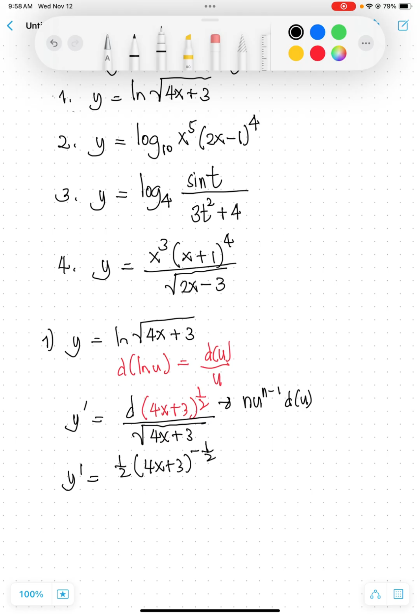And then times the derivative of 4x plus 3, which is 4, divided by square root of 4x plus 3. So I'll have y prime. 4 divided by 2 is 2. So I will have 2 divided by square root of 4x plus 3.